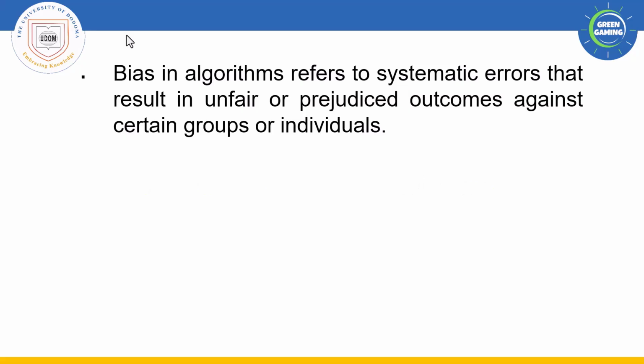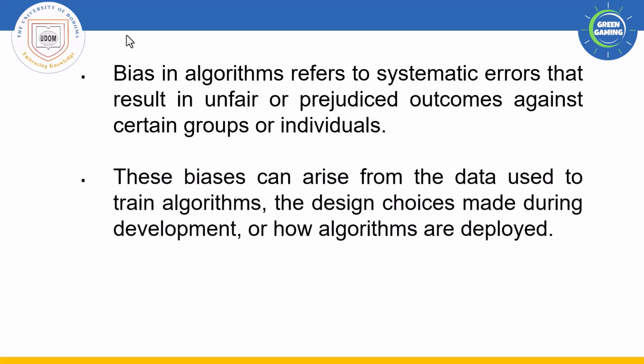Bias in algorithms refers to the systematic errors that result in unfair or prejudiced outcomes against certain groups or individuals. As we know, algorithms are not immune to bias. This bias can arise from the data used to train algorithms, the design choices made during development, or how algorithms are deployed.